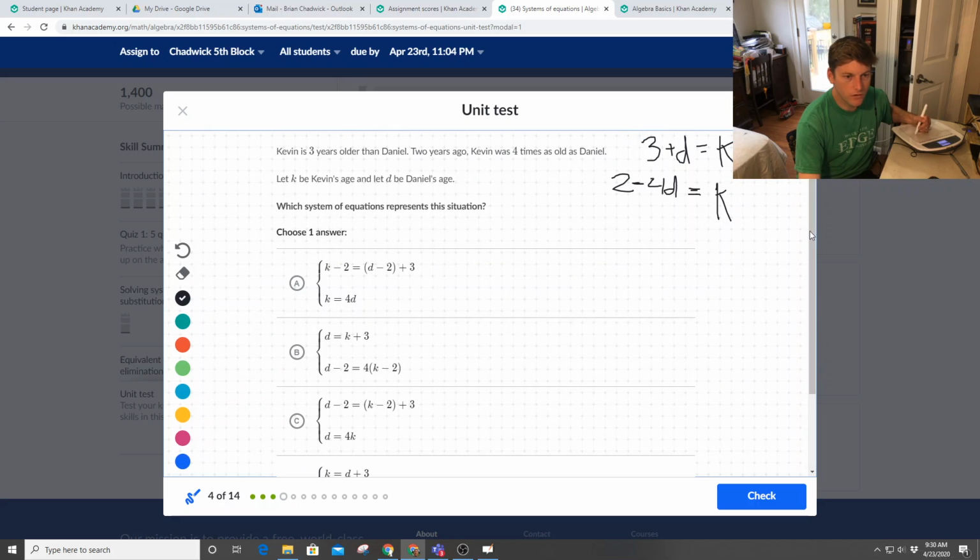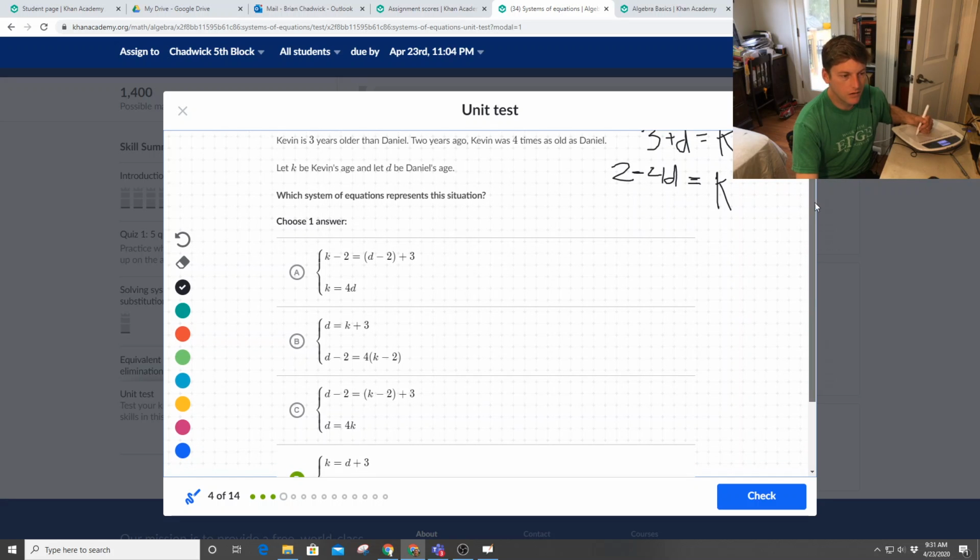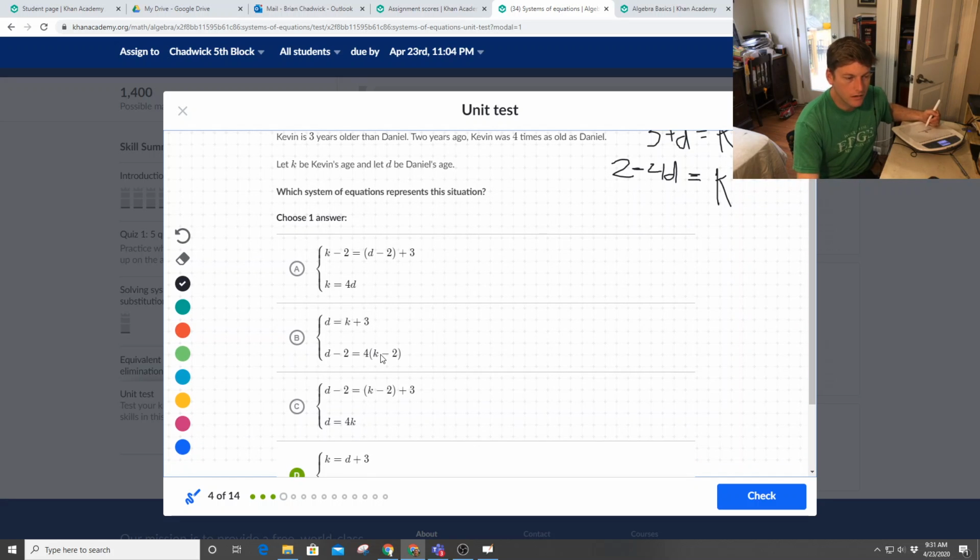Now the second one, well, maybe I wasn't really paying attention or understanding. I did 2 minus 4D. And so we have Kevin minus 2. 2 years ago, Kevin was 4 times, so it'd be 4K minus 8. And then I would bring that over. I'm not seeing that.